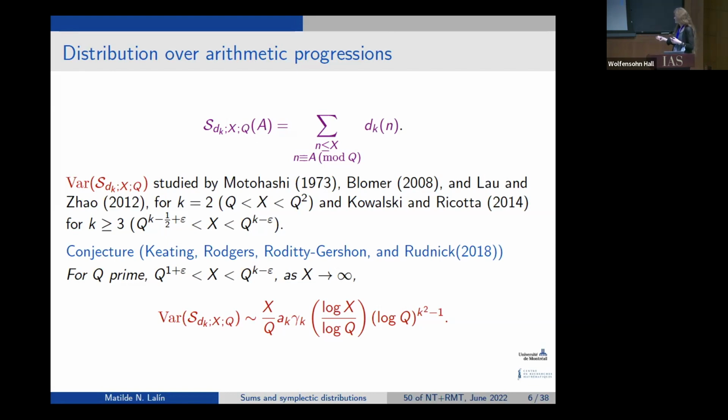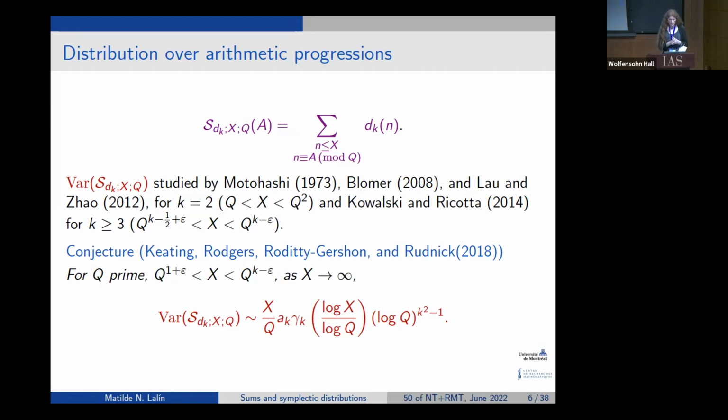Okay, so this is for q prime, where q is the modulus, so we're looking at n congruent to a modulo q. And so with x between q and q to the k, as x goes to infinity, this variance should be given by some formula: x over q, again, times my a_k that I had before, then the gamma_k c now evaluated in log x over log q, and then log q to the power k squared minus 1.